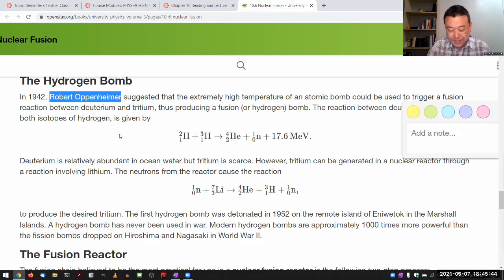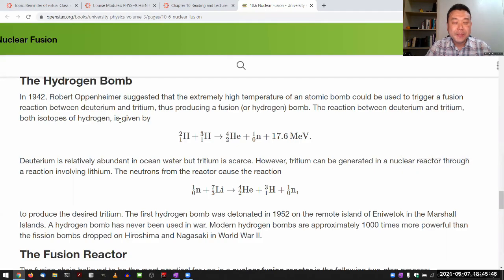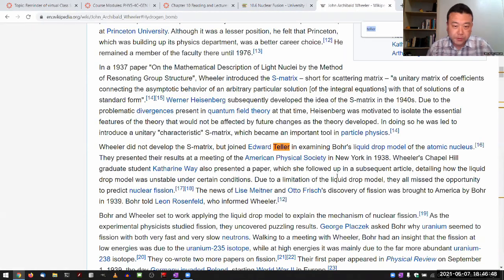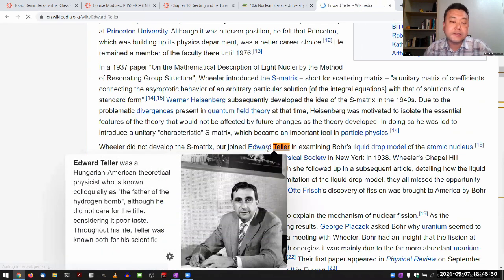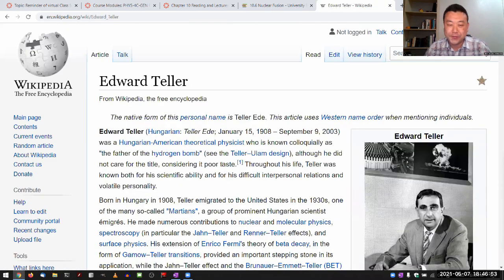There's one physicist who was central in the development of the hydrogen bomb, who wasn't Robert Oppenheimer, it's Edward Teller. Yeah, Edward Teller is, I think, the father of the hydrogen bomb.